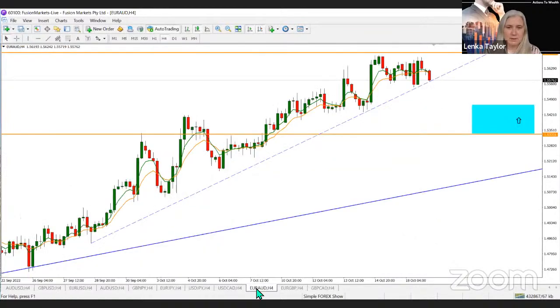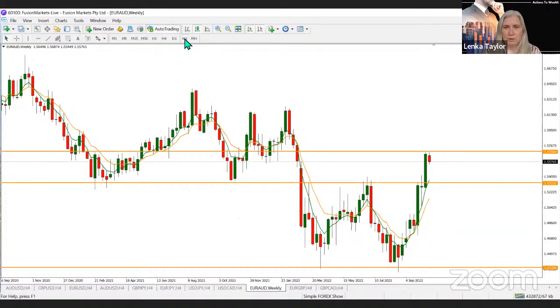The next currency pair I'm looking at is EURAUD. And EURAUD, I'm actually looking for long. We are at this level of previous resistance, what used to be support, looking to see if that becomes resistance.